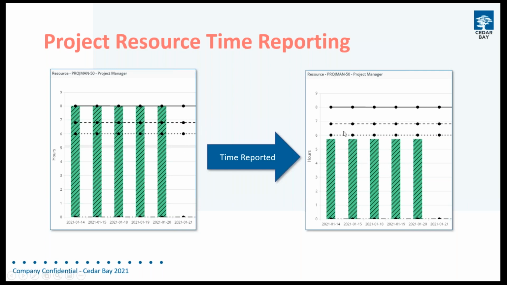We've reported some time, and the hours have reduced across all of the days in that period, due to that spreading. We're still spreading the total number of remaining hours across the activity, but it does take into account that we've booked some time, so there's less time required left, and we can see that on our capacity graphs as well.